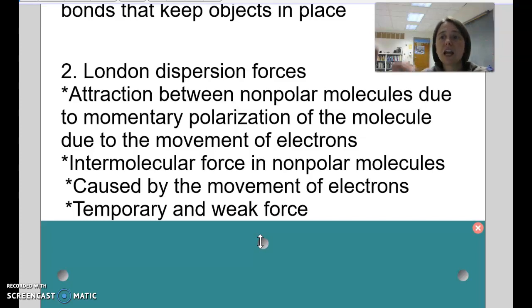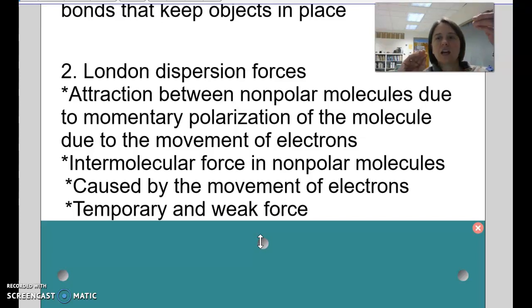Well, let's just say maybe at one instance this other molecule has its electrons zipping around and they happen to be over here, so then this is going to be partially negative. So for that split second, this partially negative part of the molecule is attracted to this, let's say, partially positive part of the molecule. So that is the London dispersion force, and after a split second it's gone.